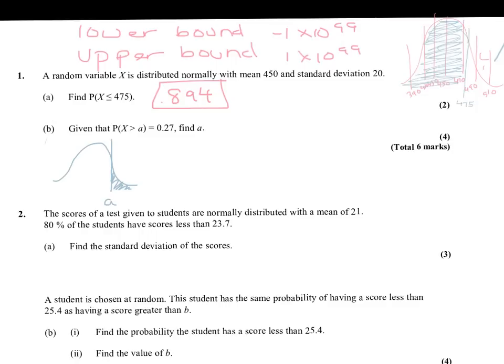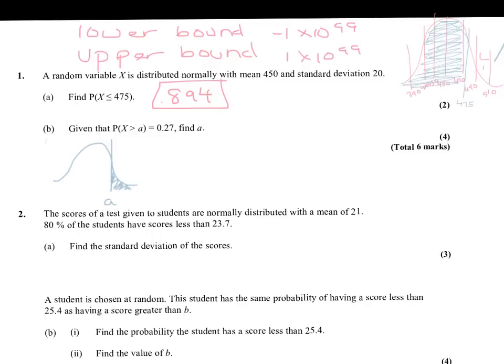Now, the thing is, with your graphing calculator, when you're going to do a reverse problem like this, an inverse problem, where you're going backwards, it's always going to calculate the area to the left of the boundary. So if I put in 0.27 right now, instead of calculating what we want it to, this area to the right, it would actually calculate it as if the 0.27 is the area to the left. So we need to actually do a complement here.